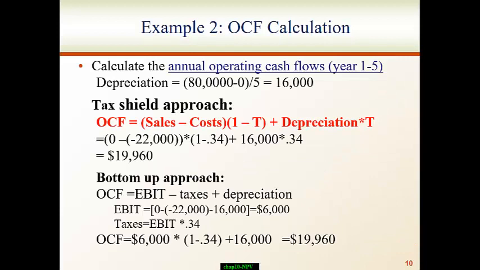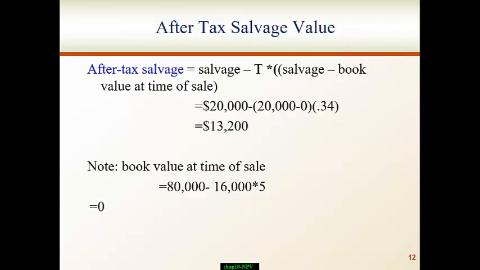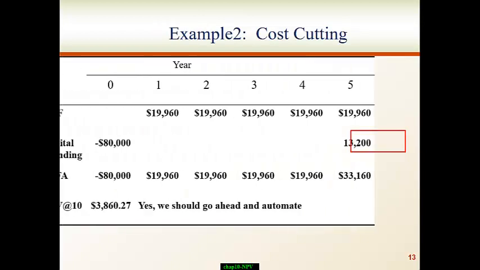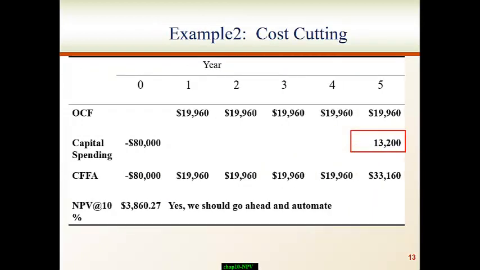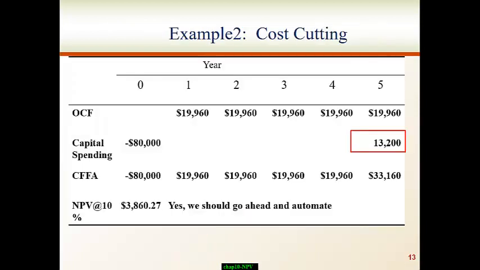Here I listed how to solve operating cash flow using both tax shield and bottom-up. This is the bottom-up in the table layout, and the ATSV for selling the machine in the end. So after we're done, you can use net present value to find the NPV.